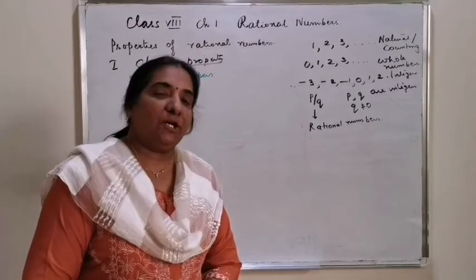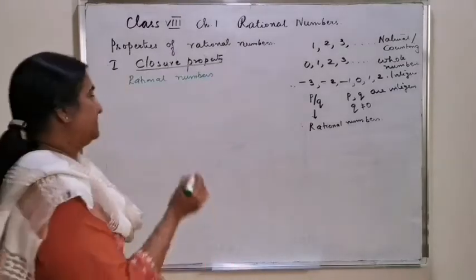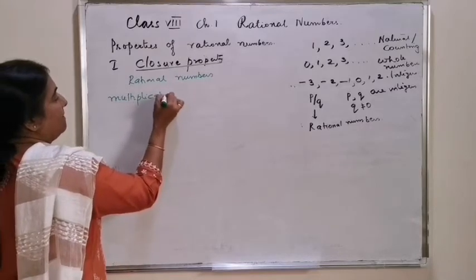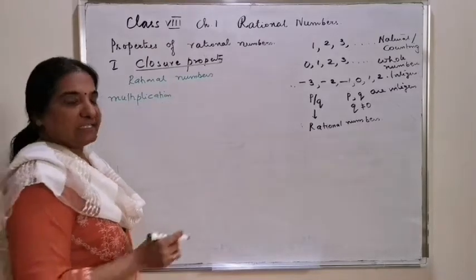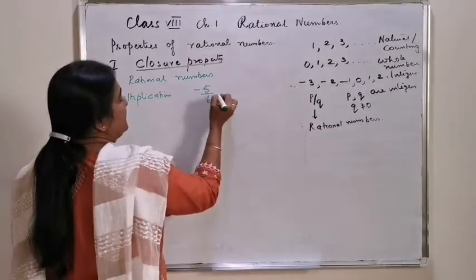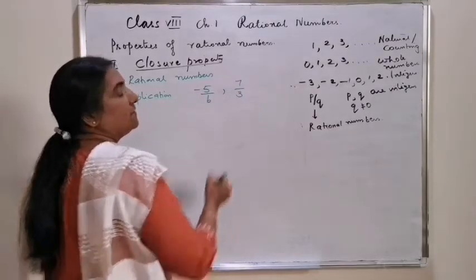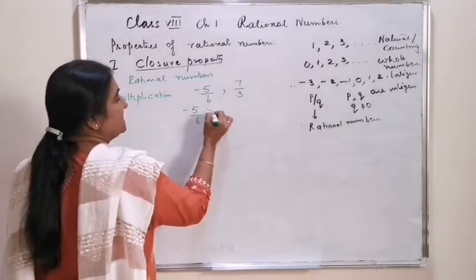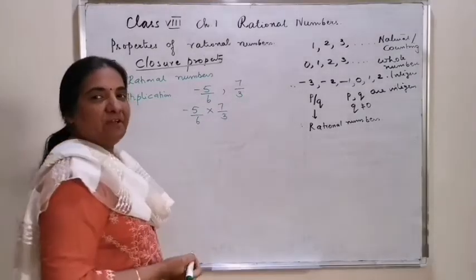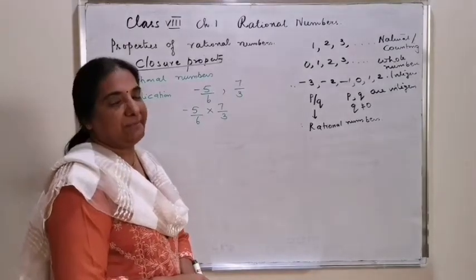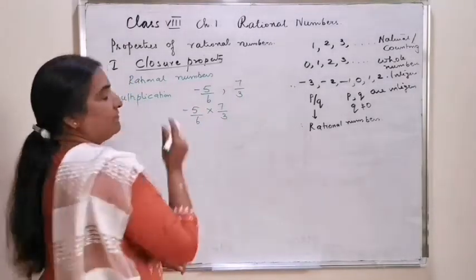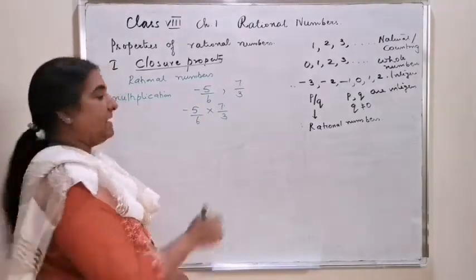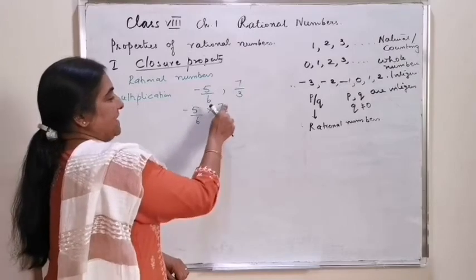What about the third operation, multiplication? Multiplication of two rational numbers, minus 5 by 6 and 7 by 3. How do you multiply? Minus 5 by 6 into 7 by 3. For multiplication, you can simplify. 3 and 5 will not get simplified, 3 and 7 will not get simplified, even 6 and 5, 6 and 7.